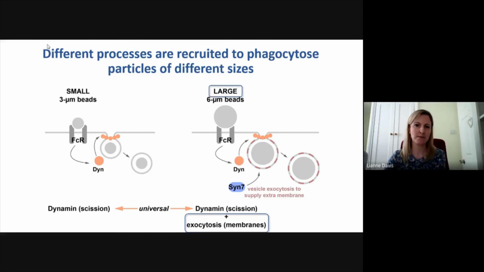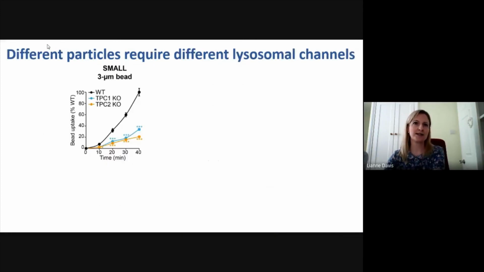But how are these discrete requirements regulated? So in the following experiments, I will compare small and large beads and the pathways recruited. So the data I previously showed you corresponded to 3 micron beads, which I'm calling small, where bead uptake was severely inhibited in TPC1 and TPC2 knockout cells.